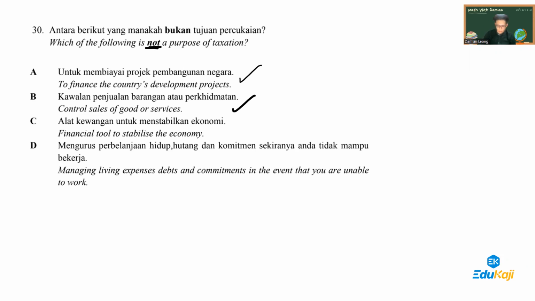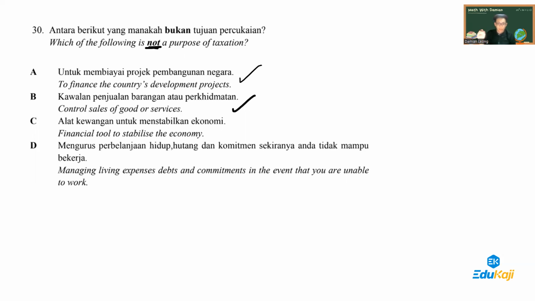Like say cigarette tax is very high, so to discourage people from buying cigarettes. Whereas sometimes they give tax deduction on things like, say, books, stationery, things like that, so that people spend more on that.